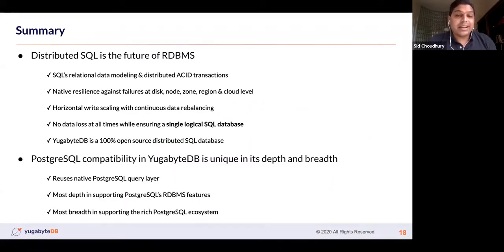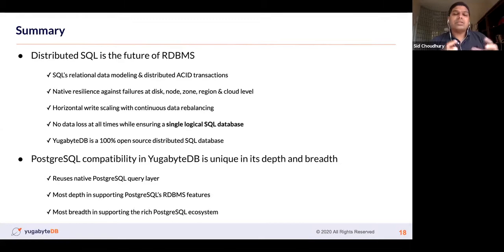SQL, relational data modeling, and distributed ACID transactions are very vital for modern app development. However hard the NoSQL world will tell us that they are no longer needed, we do not believe that to be the case, because developers still love the ability to model schema once and change queries later. Second is the ability to tolerate failures in the cloud era, and the ability to scale horizontally by simply adding nodes, and not necessarily go through the pain of vertical scaling that we have all learned over the years in RDBMS.